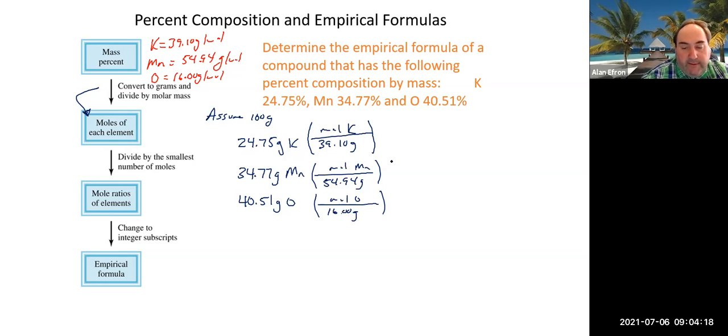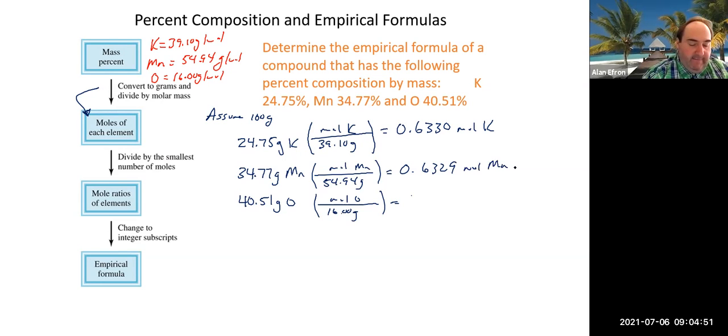So here we're going to convert these into moles. We take our 24.75 divided by 39.10, which gets us 0.633, I'll do some rounding, moles of potassium. 34.77 divided by 54.94 gives us 0.6329 moles of Mn.